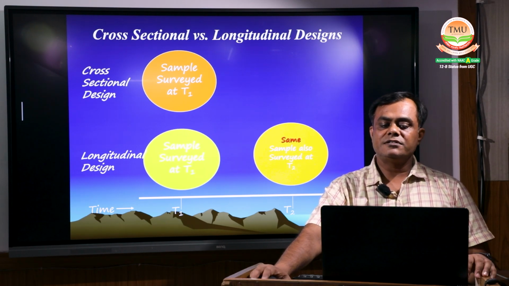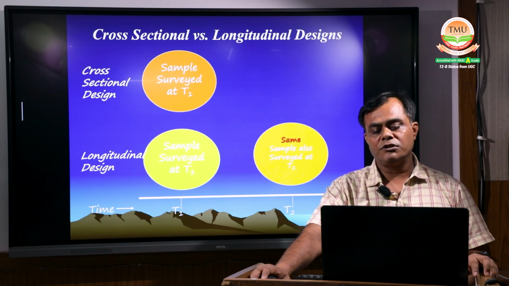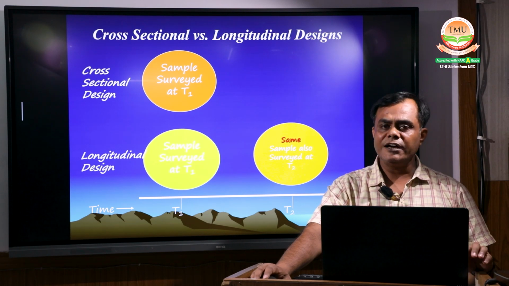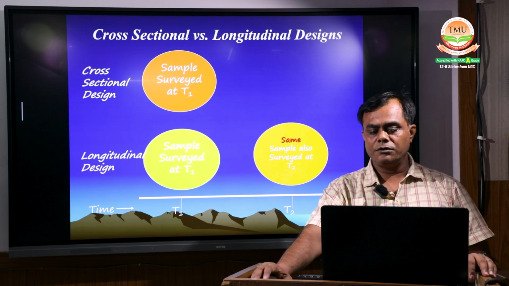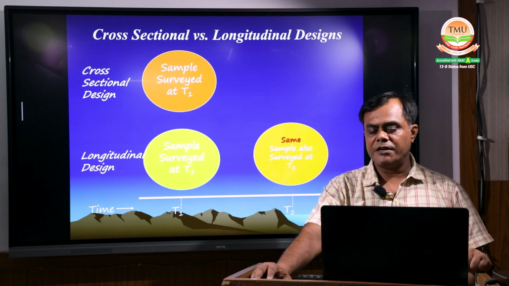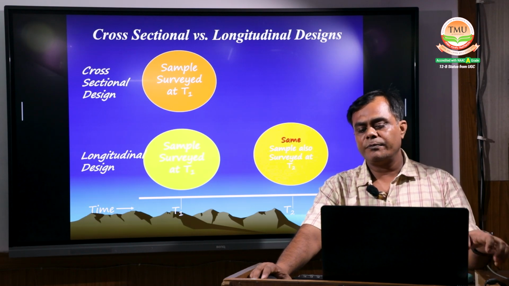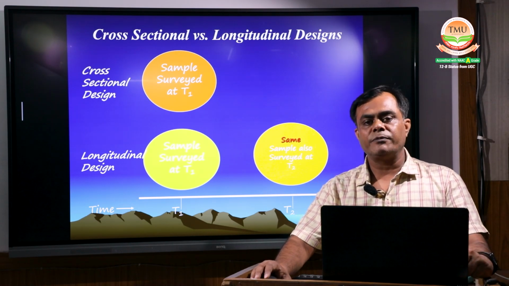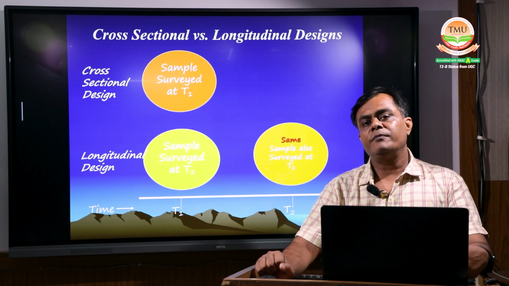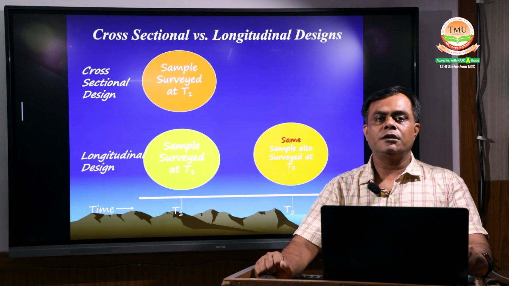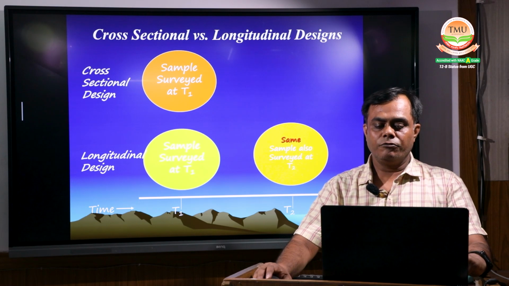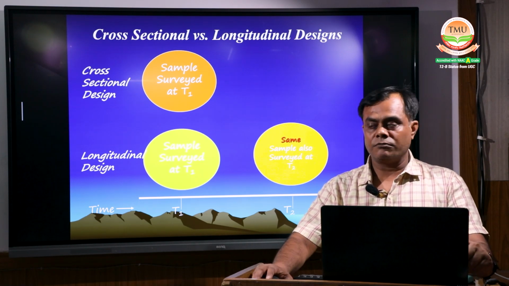So simply we can say that there are cross-sectional and longitudinal research designs. In a cross-sectional design, we sample survey at T1. In a longitudinal design, we use the sample survey at T1 and the same sample is also surveyed at T2. So the same sample is surveyed at two times in a longitudinal research design, while in a cross-sectional design we just survey the sample at one time.